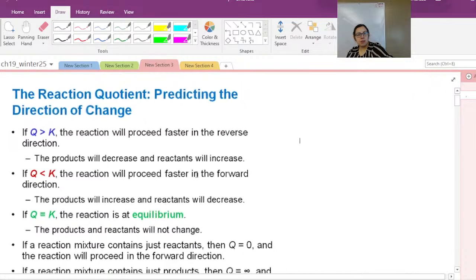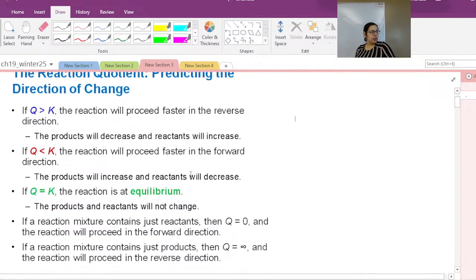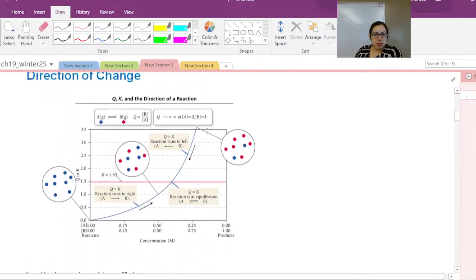That's all this is telling us here in words. We calculate Q. If Q is greater than K, then it will proceed faster in the reverse direction, trying to get back to equilibrium, meaning our products are decreasing and reactants increase.